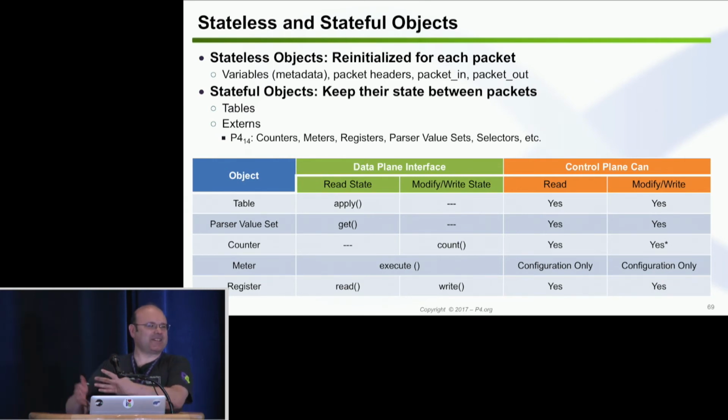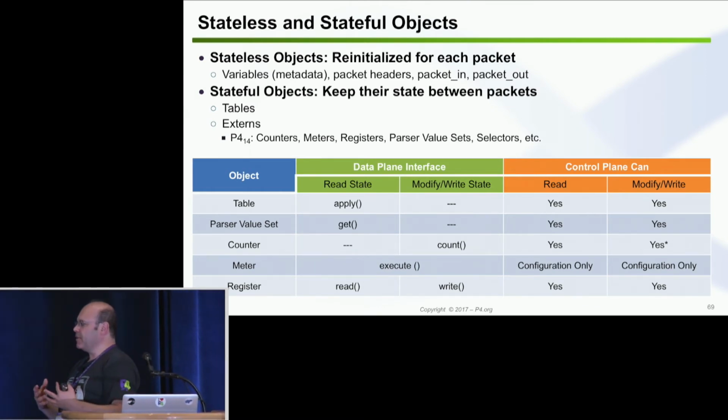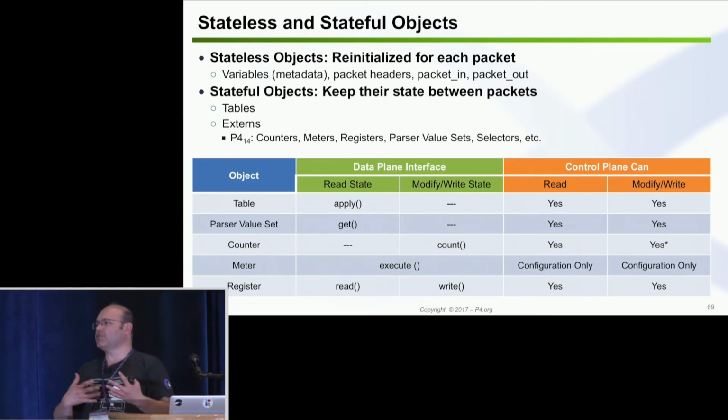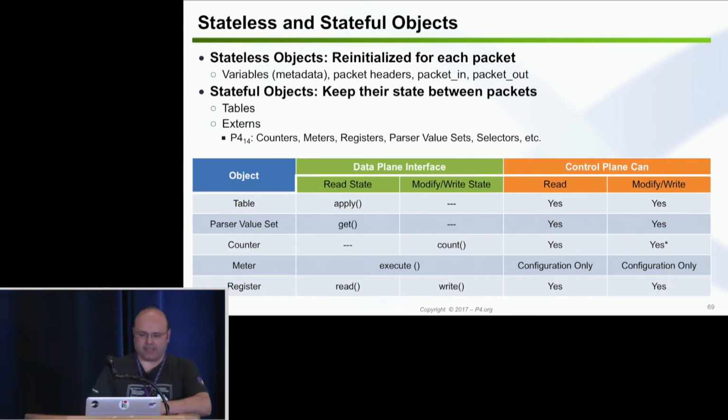They increment every time, either by one or by the length of the packet. Meters are also stateful objects. They have to keep their state in between packets. And then in P4_14, we had a generic construct called the register, which allowed us to store and retrieve any kind of information in the data plane.